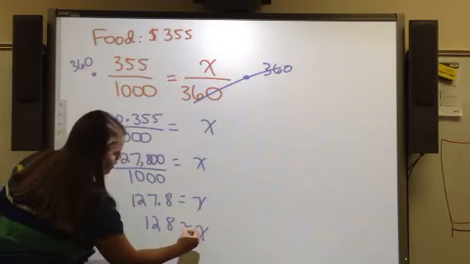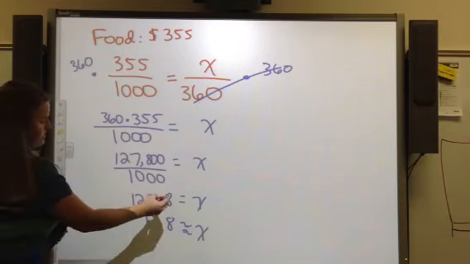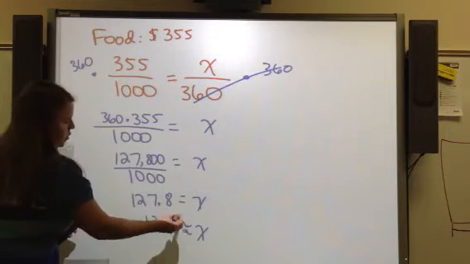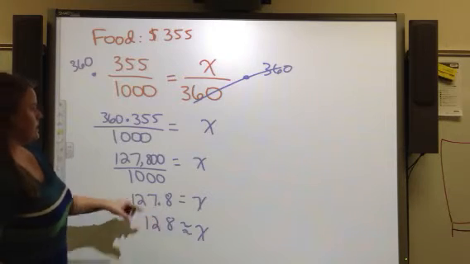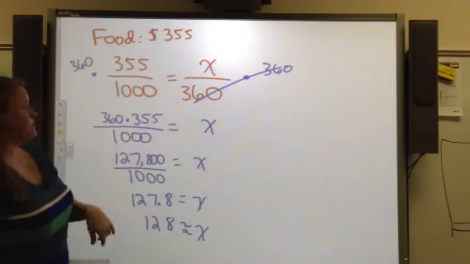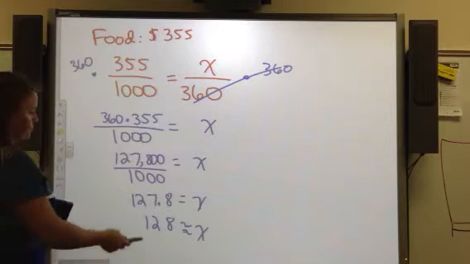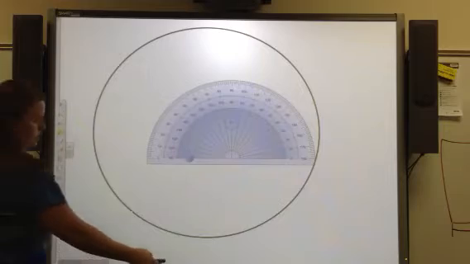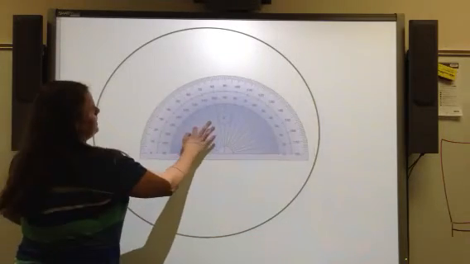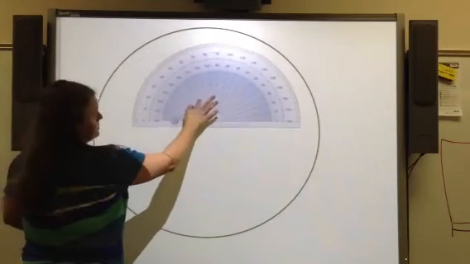Since 8's larger, we can make that one go up. So what our answer means is 128 degrees of our circle is how much money we spent on the food budget. So we're going to go back to our circle graph, and we're going to find out what 128 degrees looks like.